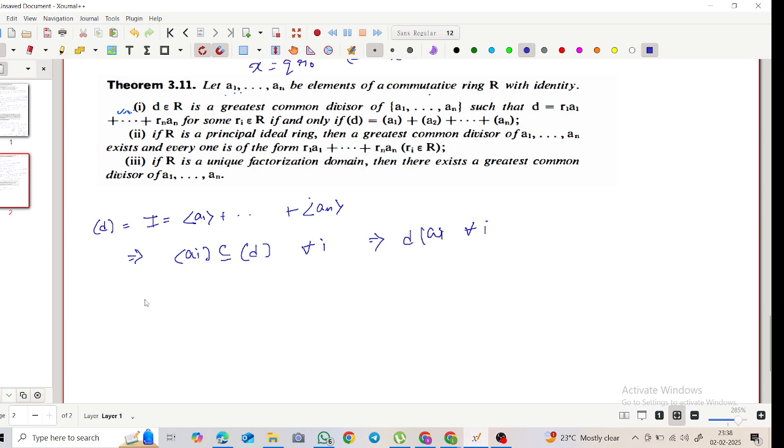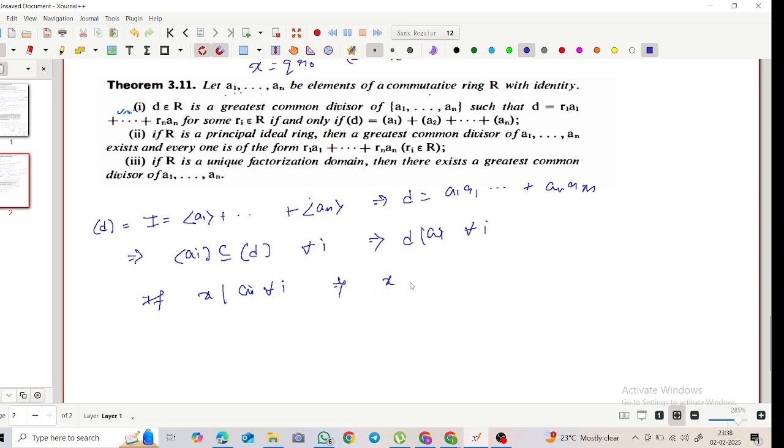The next condition is if x divides a_i for all i, x has to divide d. From this equality, we can say this is a1, as d is in this.